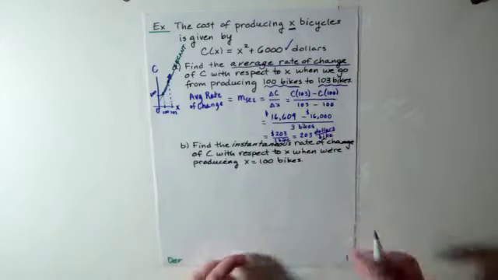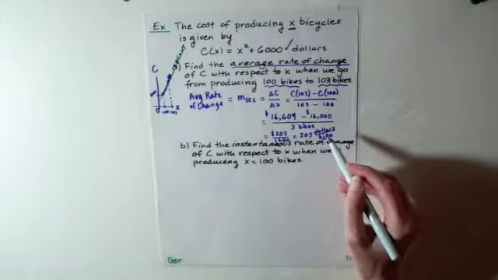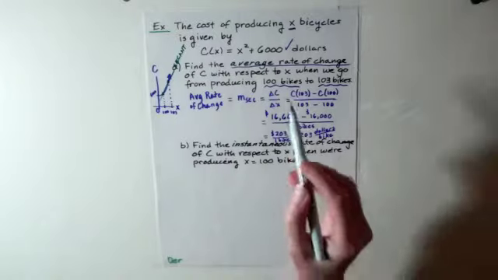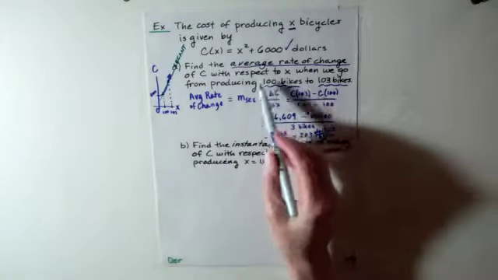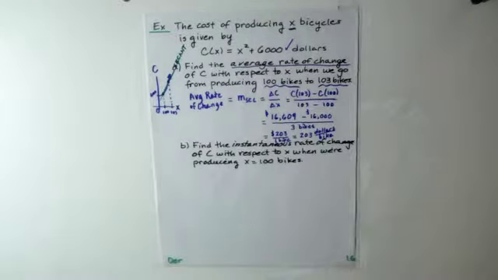So it costs me an average of $203 per bike when I go from the level of producing 100 bikes to the level of producing 103 bikes. So that's the average cost of the number of bicycles for that production range, from 100 bikes up to 103 bikes.